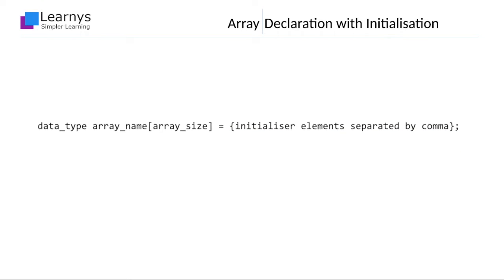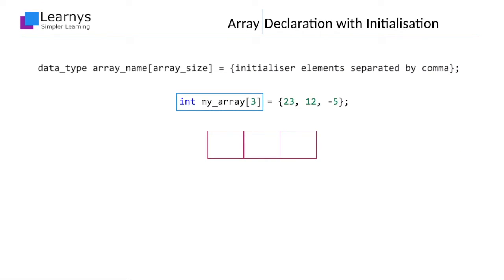For example, this statement declares an array with the name of myArray, which is capable of holding 3 integer type elements. The expression on the right hand side initializes the first, second and the third elements to 23, 12 and -5 respectively. This figure is the conceptual representation of the situation after the above statement is executed.